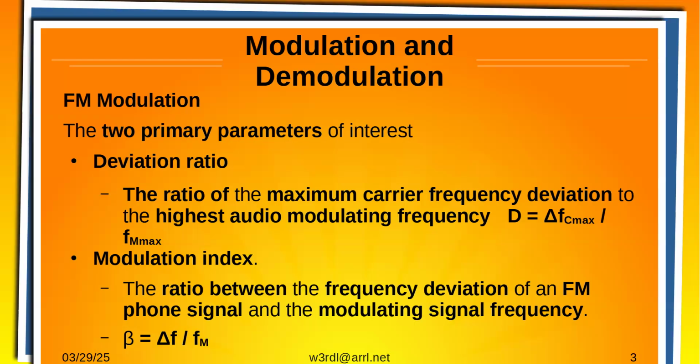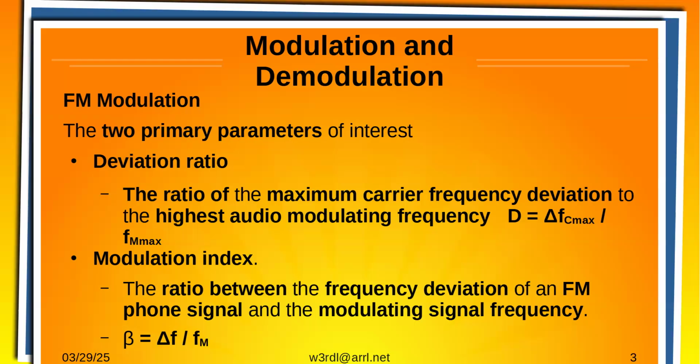The amount of deviation could be from narrow to god awful wide. Correct. So you'd have a different value of D. This is just telling you how you calculate D.